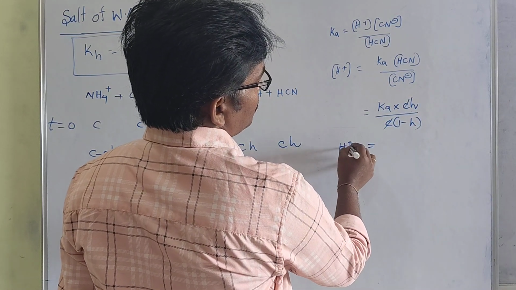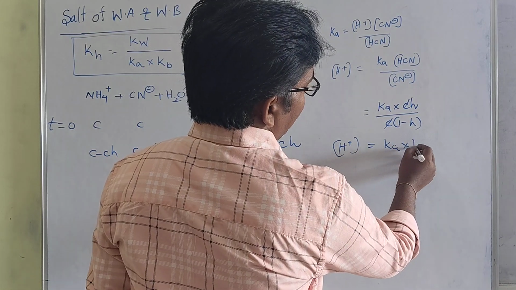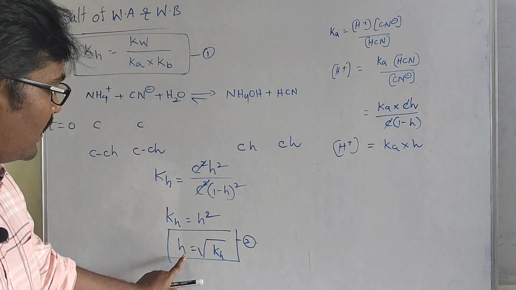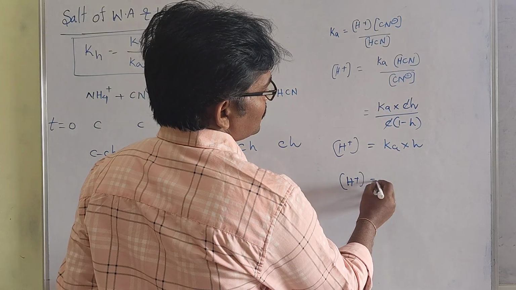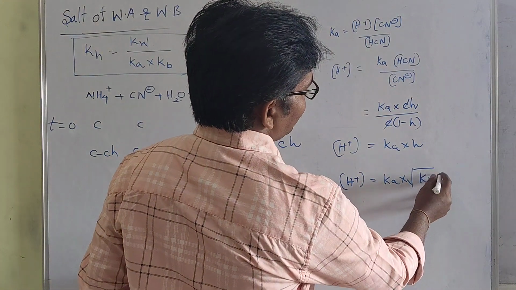Then H plus ion concentration equals Ka into H. Now H is the square root of Kh. So H plus equals Ka into square root of Kh.